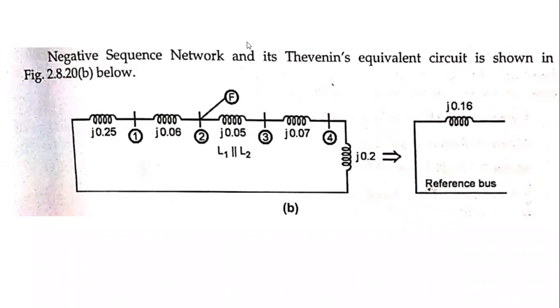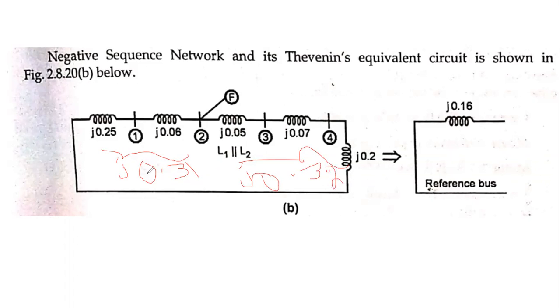Then we are calculating the reactance. There is no voltage source for the negative sequence, that's why we short circuit it to the reference bus. Therefore the equivalent reactance is J0.25 plus 0.06, which means J0.31. Its value is J0.31 and these three values give J0.32.